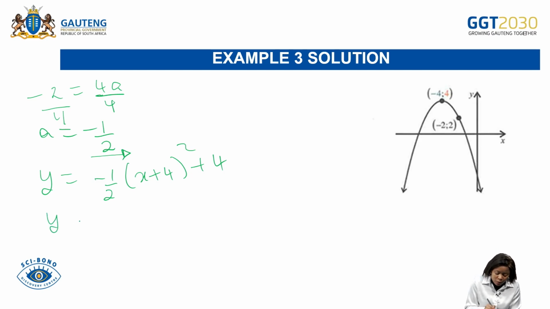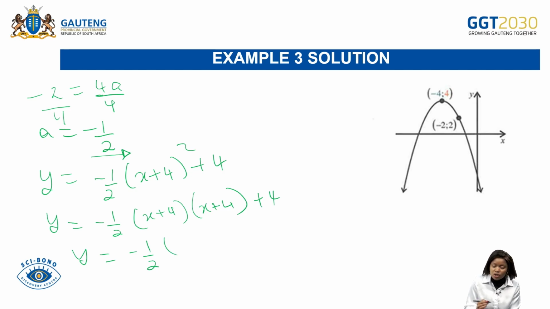So it means I will have y equals -1 over 2. I open 2 sets of brackets here. It's (x plus 4), and I also have (x plus 4), plus 4. Here you multiply x and x, you get x squared. X and 4, you get 4x. 4 times x, you get 4x.